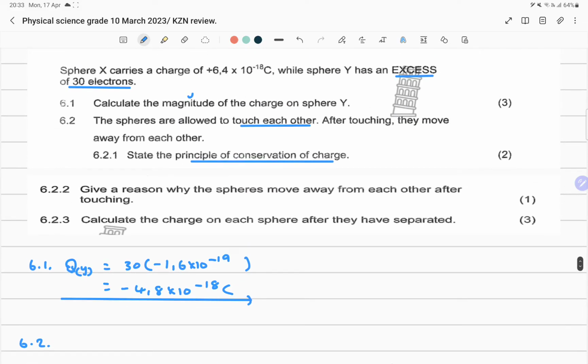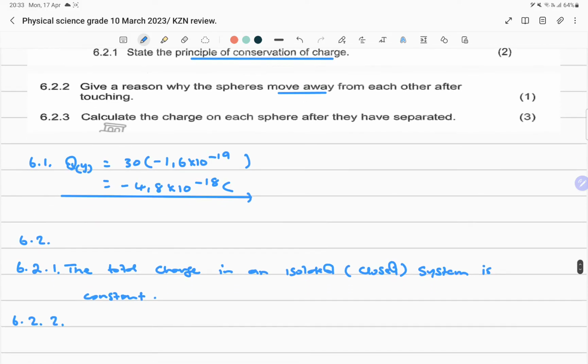6.2.2, it says, give a reason why the spheres move away. They are repelling each other after touching.